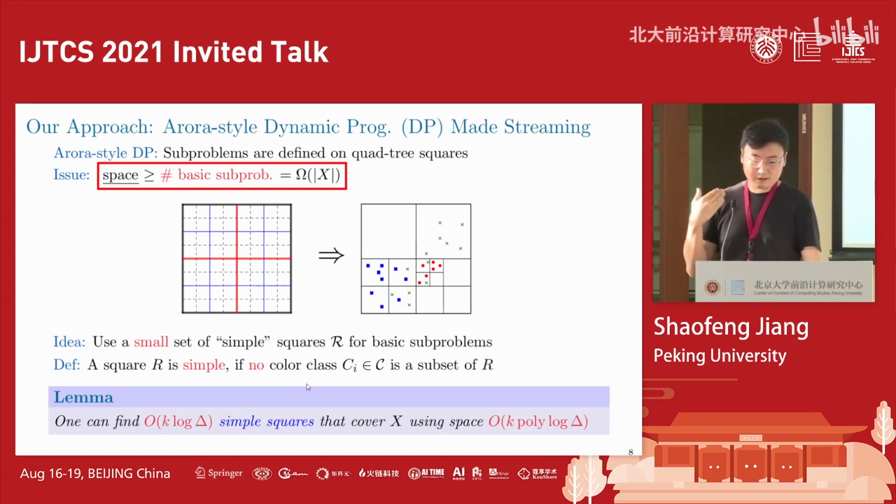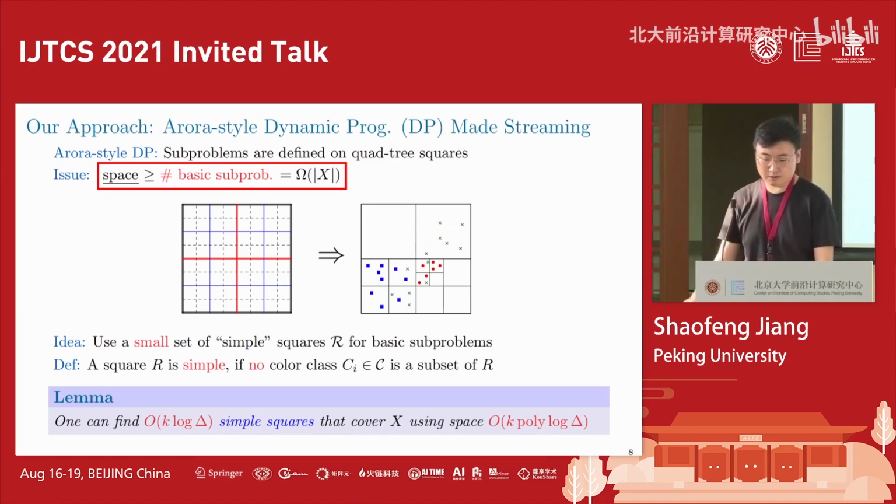On the other hand, it has a very beautiful structural property that allows us to compute the subproblem on it. So as a big picture, we define a new set of subproblems, then we show that this set is small, and then we design an algorithm that can well approximate these new basic subproblems. And eventually we will get this alpha 2 plus epsilon.